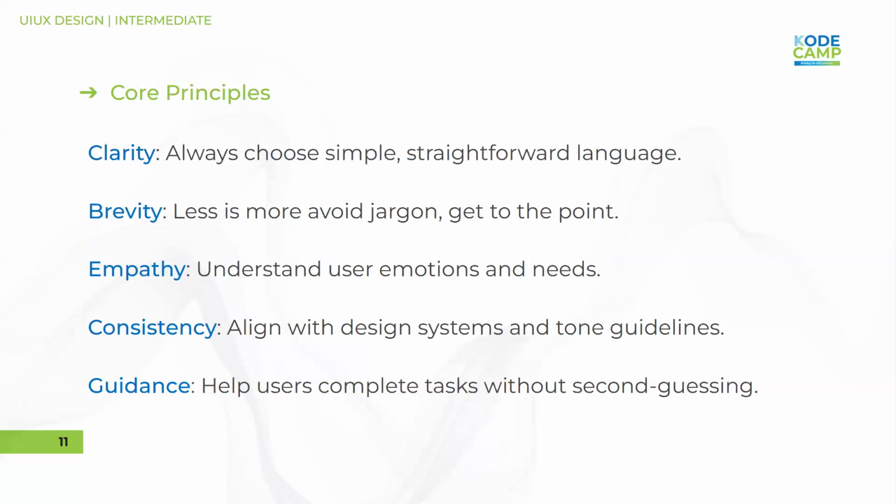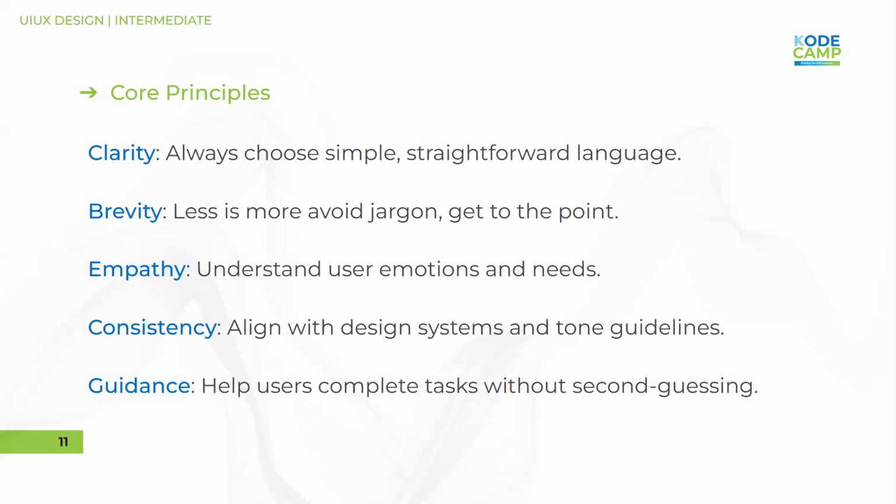All right. So we'll now look at the core principles of UX writing. So we say it's clarity, brevity, empathy, consistency, and guidance. In clarity, we said always choose simple and straightforward language. And brevity, we said less is more. Avoid jargon.